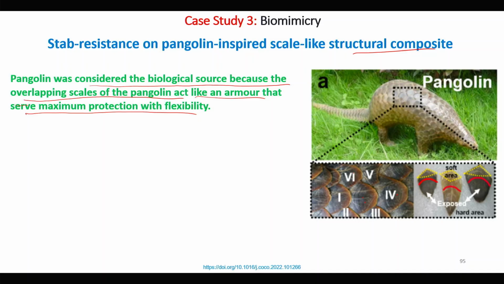So, this joint portion is actually the exposed portion, it causes the flexibility, but the hard shell provides the impact strength.